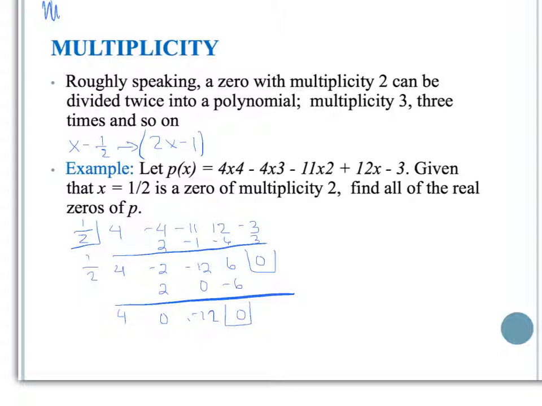And in the process, we went from a 4th degree down to a 3rd degree, and now we're at a quadratic. And we know how to solve quadratics quite easily. I have 4x squared minus 12, and I need to set that equal to 0 to solve for x. So the first thing I could do is factor out a 4.